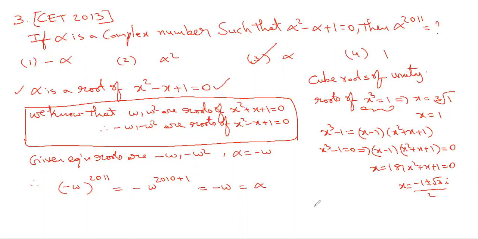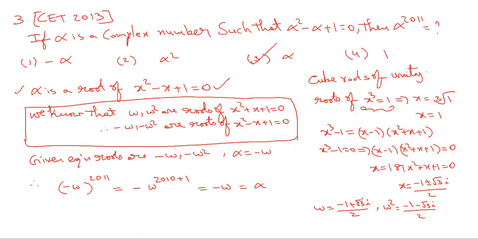So the mathematicians name that root, minus 1 plus root 3i by 2, as omega. And the second one is named omega square. If you square this number, you get minus 1 minus root 3i by 2, the other root.